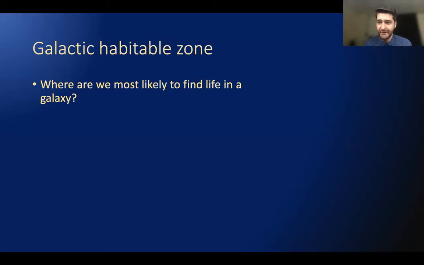So, okay, now we know about the planets orbiting the stars, but what about the positions of the stars? Does that matter? Like, where should the star be in a galaxy to have the most probability to find life there?